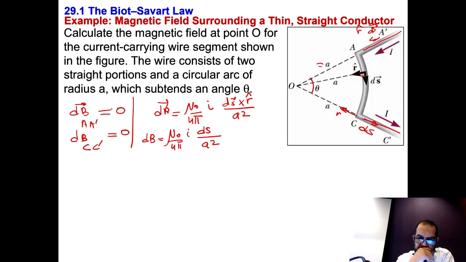Notice that the element ds is equal to r d theta. Ds is r d theta. So I can write dB is mu 0 over 4 pi I r d theta.